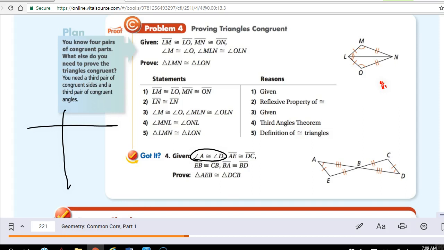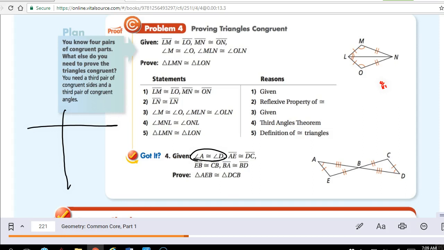And again, they have these marked over here. I know that EB is congruent to CB; they've got the double tick marks on that one. And that BA is congruent to BD, and they've got the triple marks.